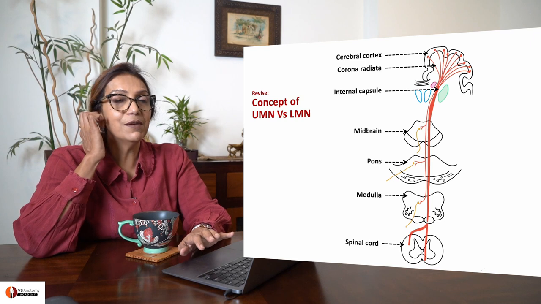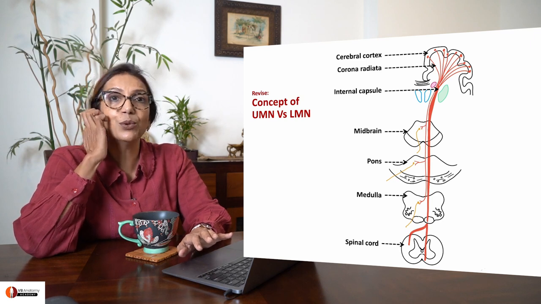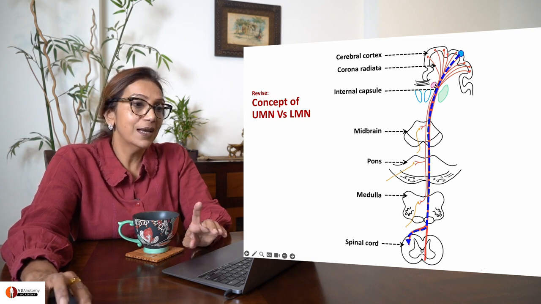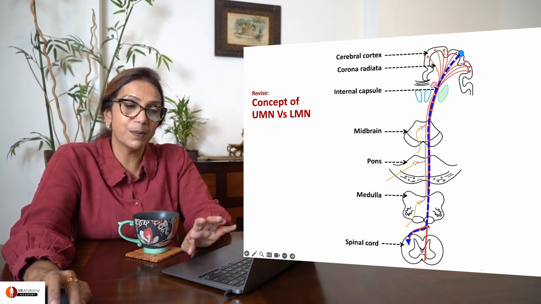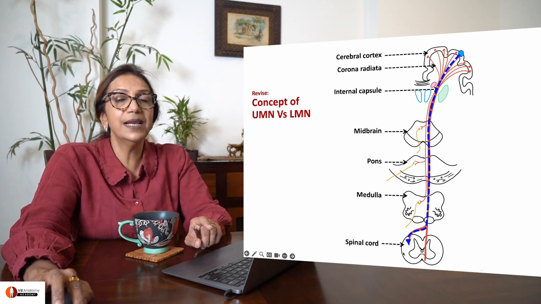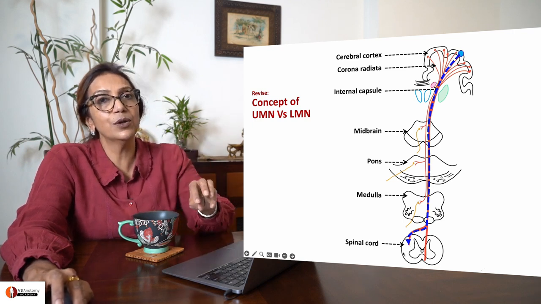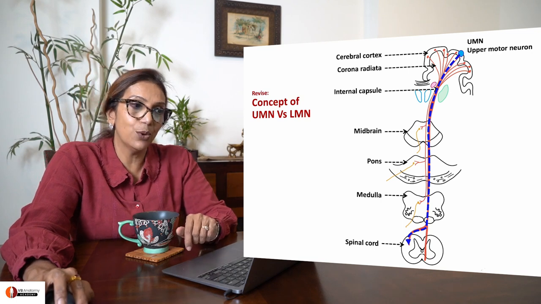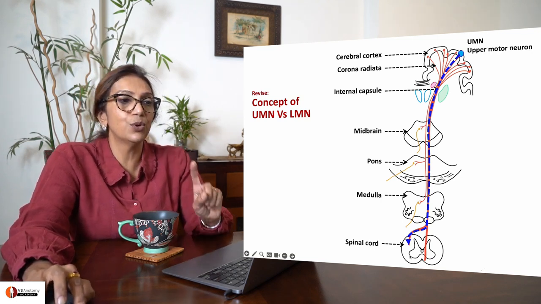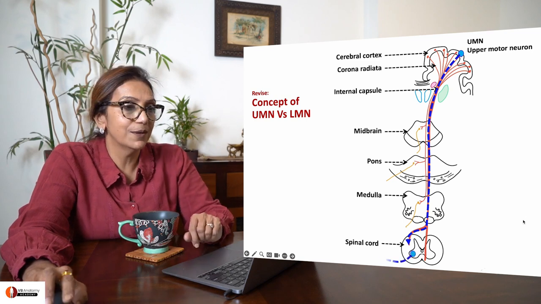So now see, we've done this many times, but I'm going to do it with you again. Okay. So here is your neuron in the cortex. It's descending downwards as corticospinal tract, relaying, crossing over and relaying in the lower motor neuron at the level of spinal cord. Right? So this entire neuron is an upper motor neuron.